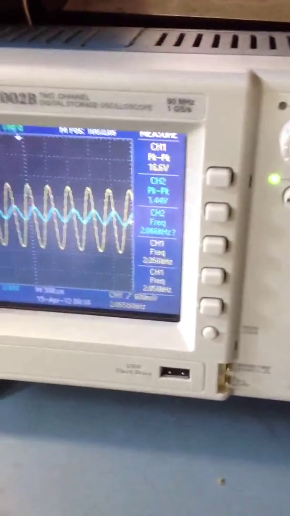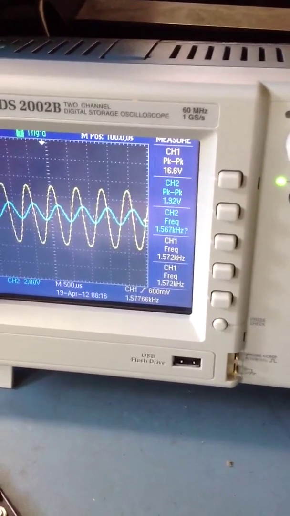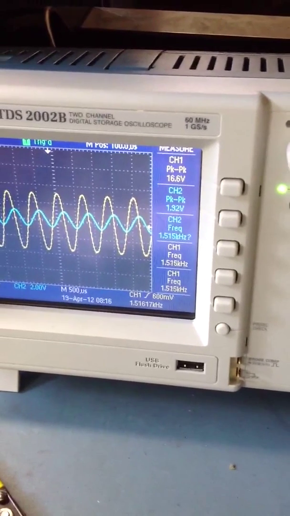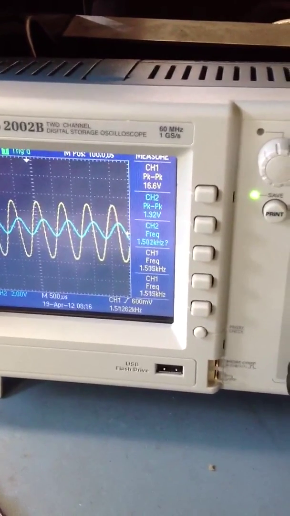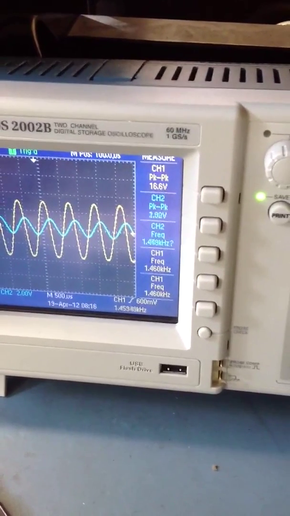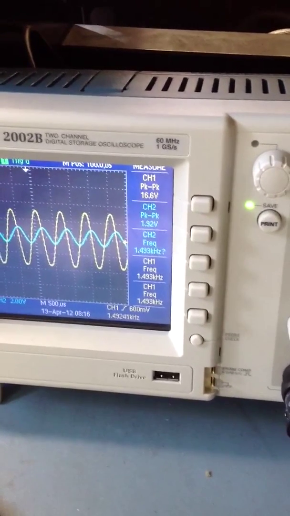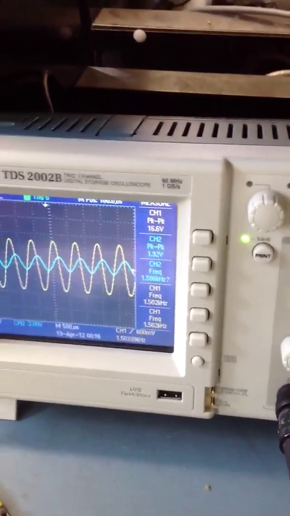Using the fine adjustment. We're almost there. There it is. 1.5K. Nice.